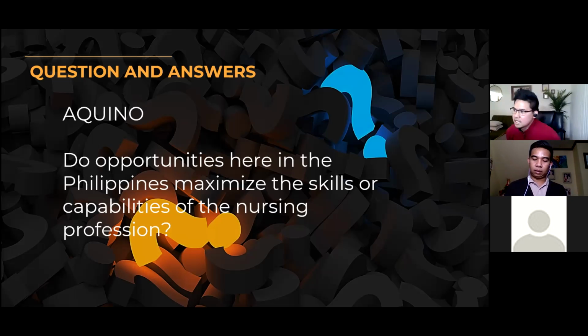They have updated medical equipment. Hopefully, they have complete PPEs. And they have perhaps a better organization of nurses. So it depends.